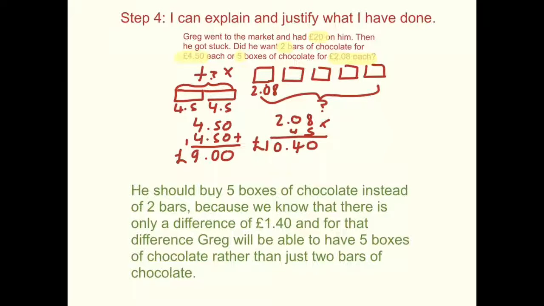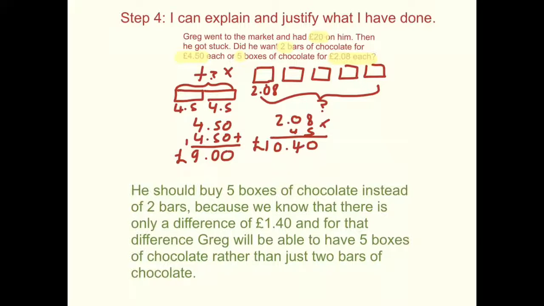So here's my answer to this problem. I believe Greg should buy 5 boxes of chocolate instead of just 2 bars, because we know that there is only a difference of £1.40, and for that difference, Greg will be able to buy 5 boxes of chocolate rather than 2 bars of chocolate. And believe me, when you're able to get more boxes, more chocolate, that's always better value for money. Where did the £1.40 come from?